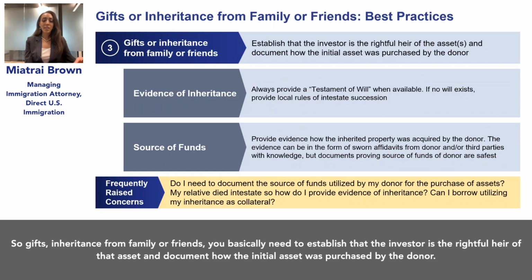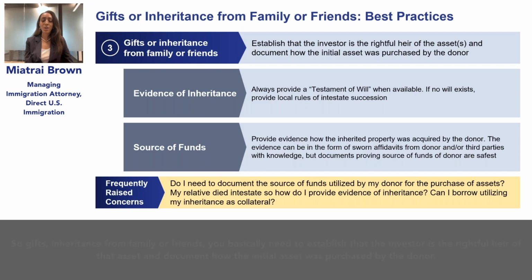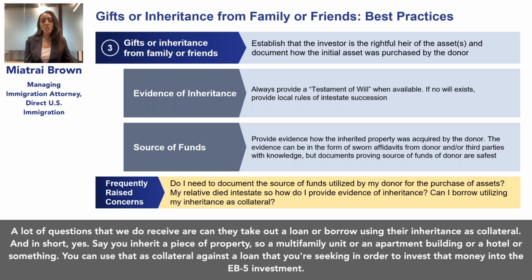So, gifts or inheritance from family or friends: you basically need to establish that the investor is the rightful heir of that asset, and document how the initial asset was purchased by the donor. A lot of questions that we receive are, can they take out a loan or borrow using their inheritance as collateral?